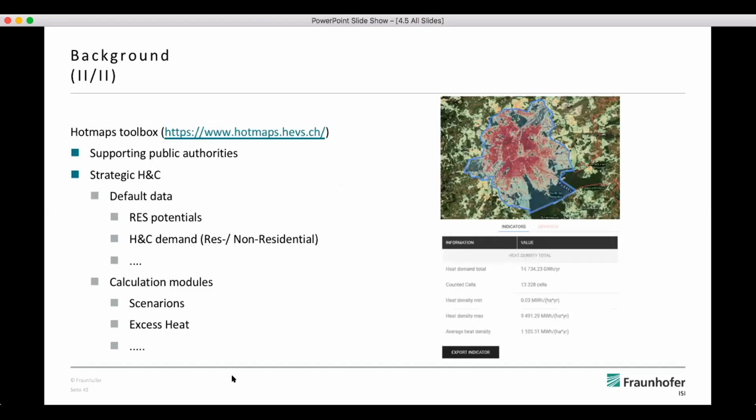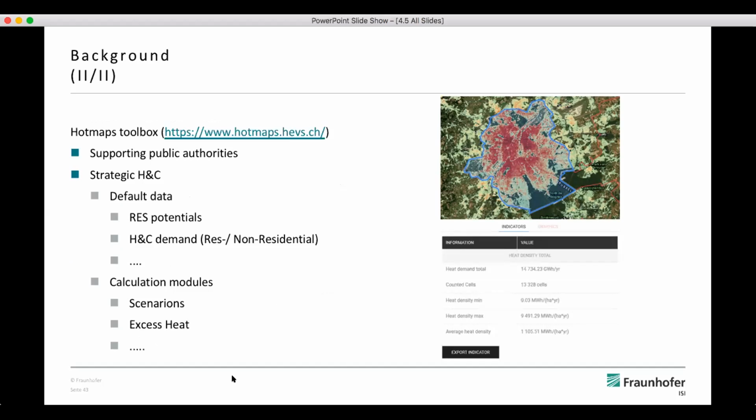And this is the framework for the method and also the code, which is implemented in a web platform I will present to you afterwards. So the work I'm presenting is based on an EU-funded project. It's called Hot Maps. I will give you an updated link in the chat afterwards.